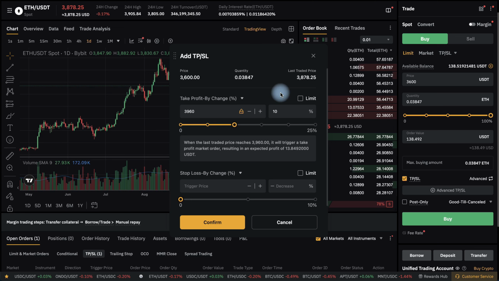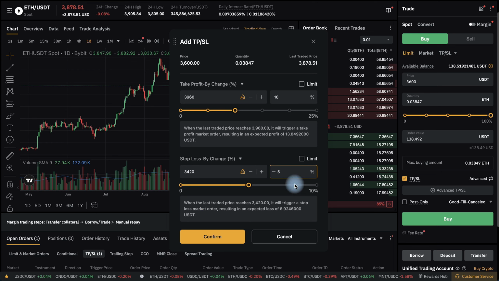Note, we have not bought ETH yet, but when we do at 3,600, this order will sell it automatically once the price increases by 10% to 3,960. Now, if Ethereum drops by 5% instead, we want to sell automatically at 3,420 to prevent further losses. For example, we think that if it falls that much, the price may continue lower.